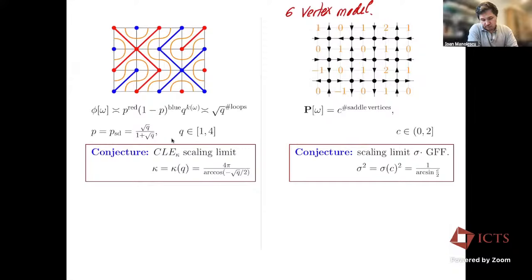And you weigh the configuration by C, which is a number, to the number of saddle vertices. Saddle vertices are vertices, such as this one, that have the same height along both diagonals. So you see 0 and 0 and 1 and 1. Another way of seeing this is via an arrow configuration where you orient all the edges, and each vertex has the constraint that it has 2 incoming and 2 outgoing edges.